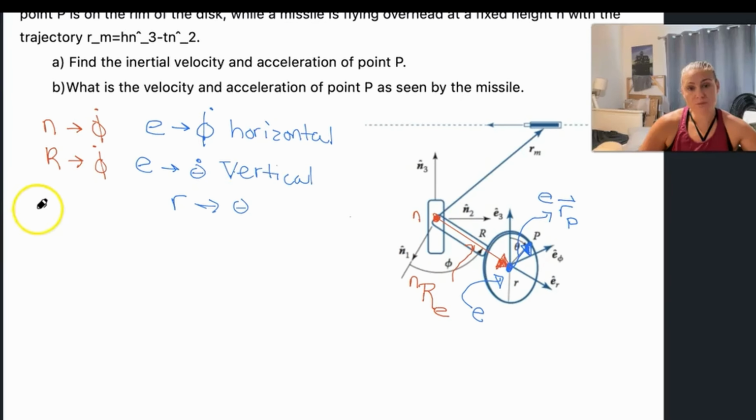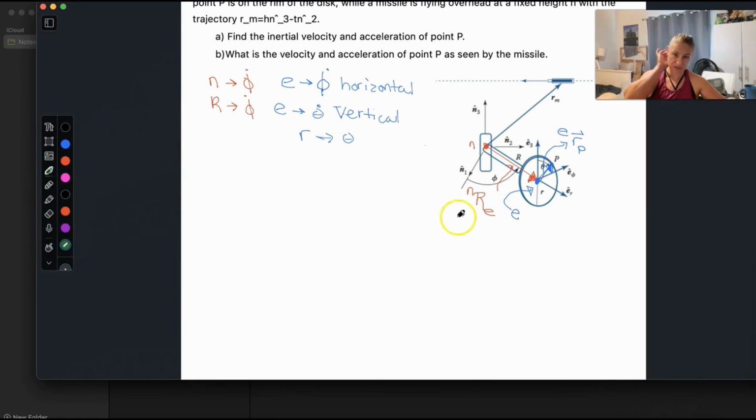Now we have to ask ourselves, okay, we understand the problem, what are we being asked to find? We're being asked to find the velocity of point P, velocity being a vector, as seen by the inertial frame.